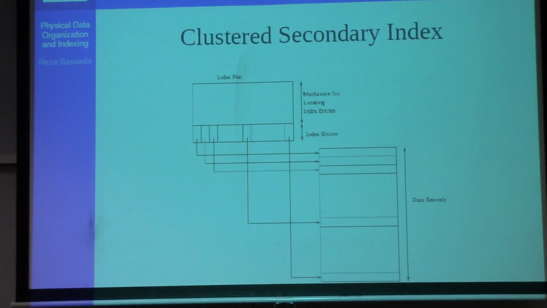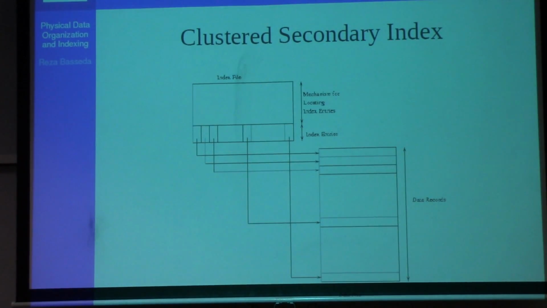Suppose that I am keeping a binary tree as an index, and the binary tree is kept in another file. And the key is based on the last name. And the file is stored based on the last name, not the primary key.